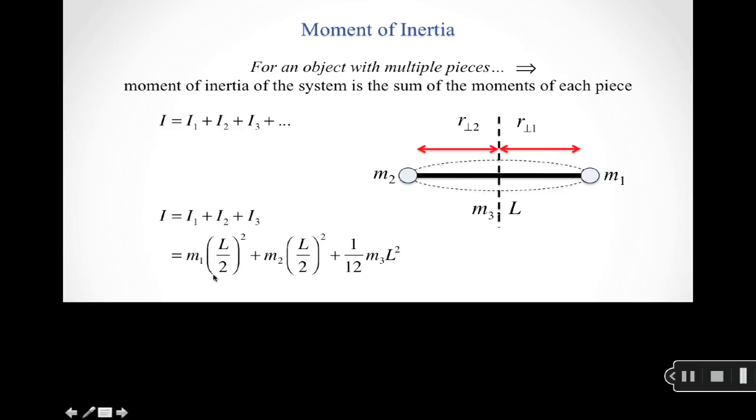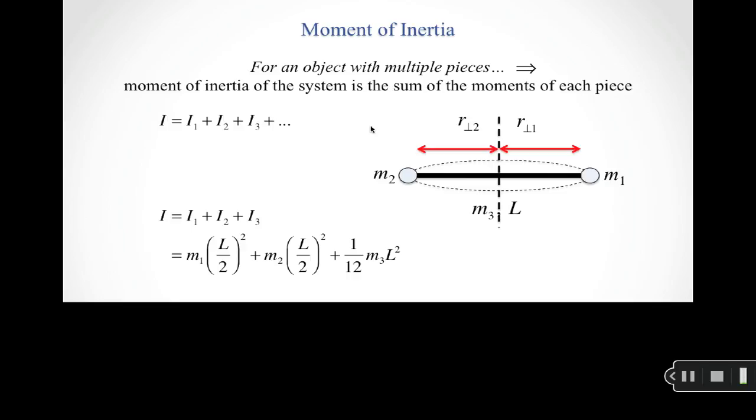Here, my R1 perp is half the length of the rod. So here's my mass 1 as a point particle. For mass 2, its R perpendicular is also half the length of the rod. So here's the moment of inertia for mass 2, treated as a point particle. And then going and looking up for my long, thin rod, rotating about its center of mass, that happens to be 1/12 m L squared, where I plug in the right mass that I need.